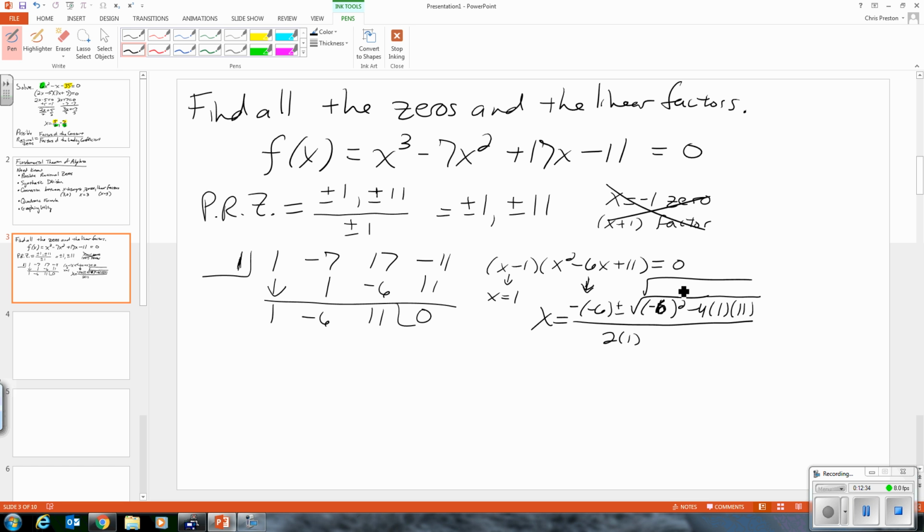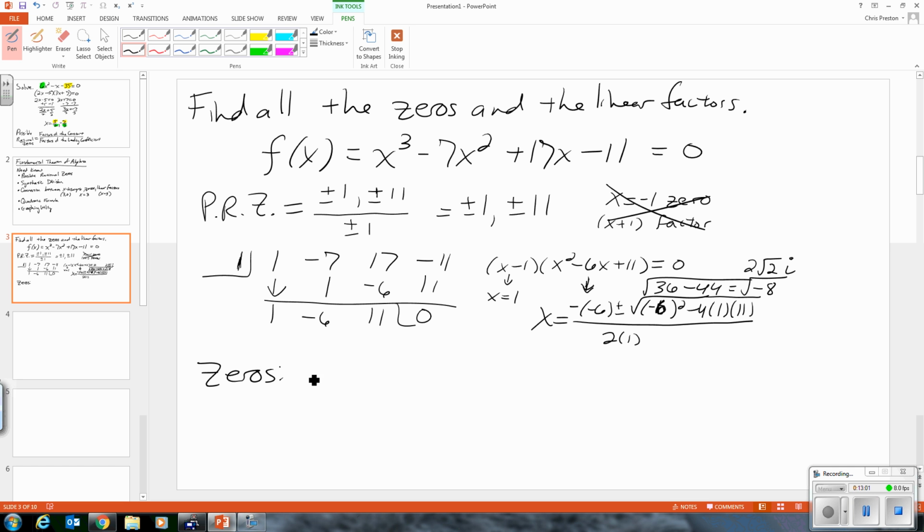So what do we get? We get 36, 4 times 1 times 11 minus 44. 36 minus 44 is the square root of -8. And square root of 8 is 4 times 2, so 2 root 2, and then an i because of the negative. So let's list out the zeros.